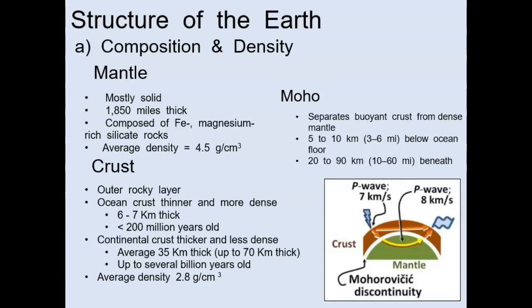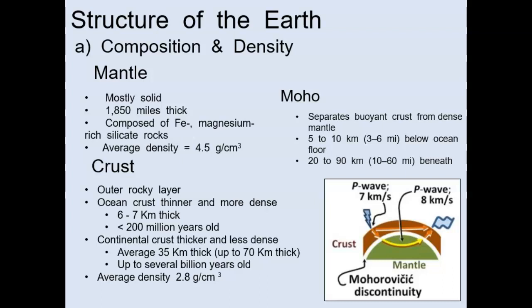In the previous slide, I described the mantle and the crust, but I also wanted to talk about the Moho subdivision, which you are seeing right here. So the Moho, or the Mohorovičić discontinuity, is a line that separates the denser mantle from the more buoyant crust. It was found through the use of seismic wave reflectance and the speed of travel of those seismic waves.